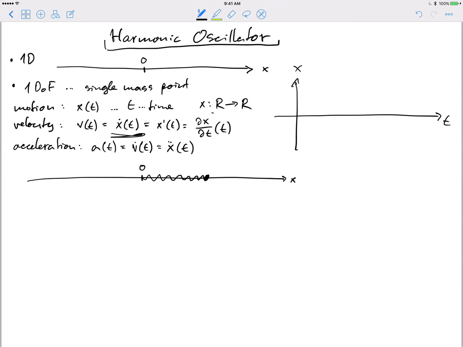So the spring would be most happy if the point was right here. If the point is somewhere else, like here, then the spring is extended and wants to push back, okay? So mathematically we need the concept of force. The easiest model for spring force is Hooke's law.